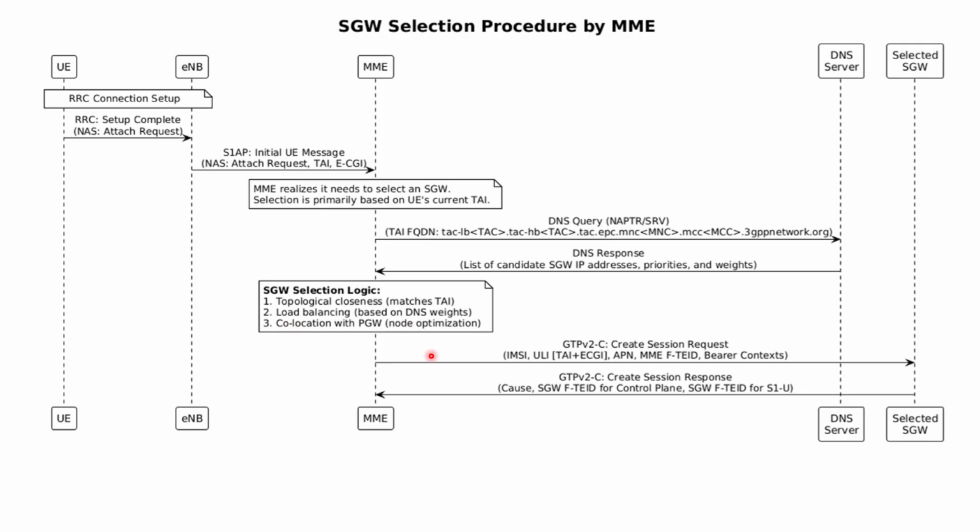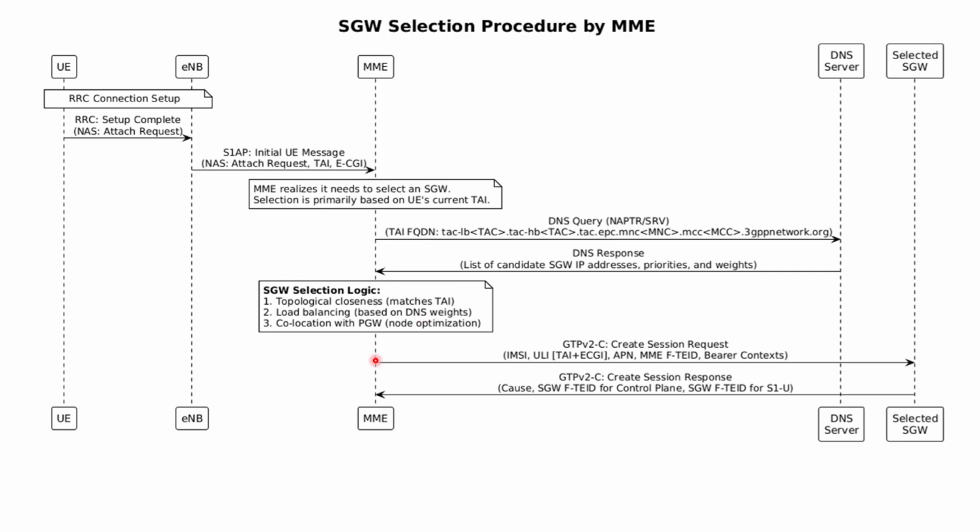If multiple S gateways are equally close, the MME uses the DNS weights to distribute the subscribers evenly across all gateways. There is one more option: if the subscriber's requested APN is served by a P gateway that is physically co-located with an S gateway, the MME will prefer that combined node to optimize internal core signaling.